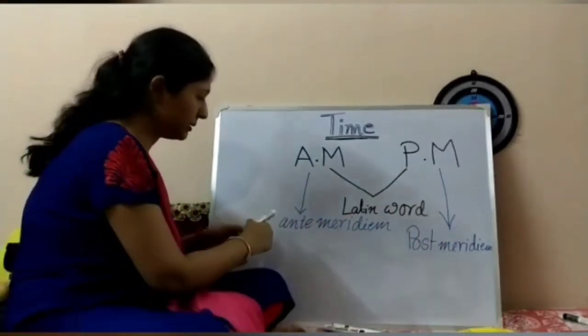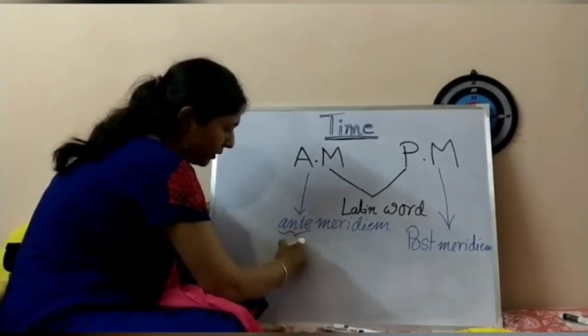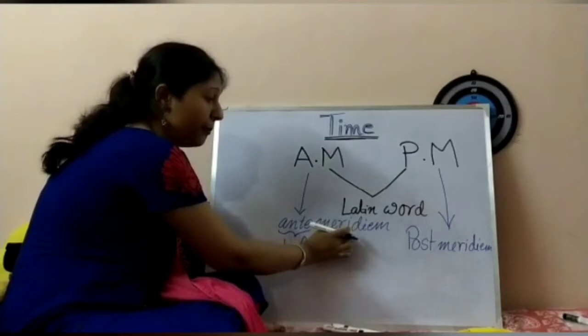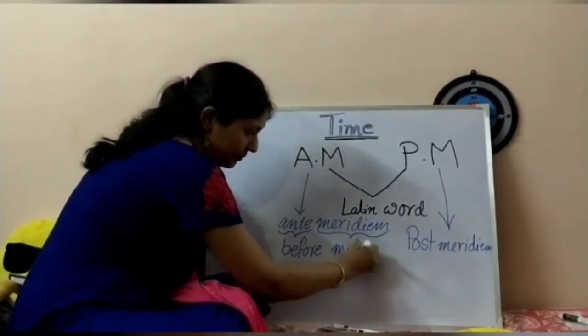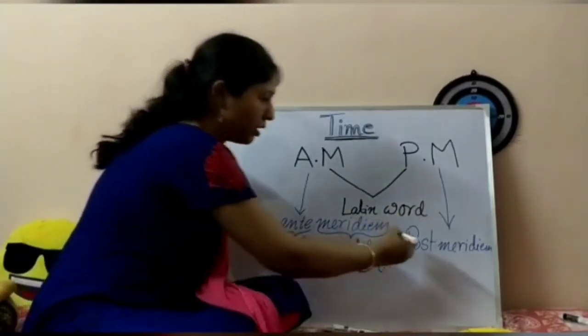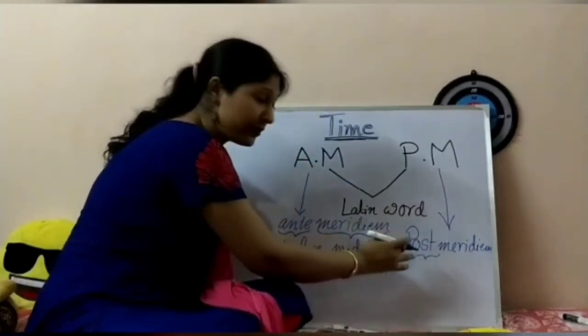Ante-meridiem means before. Meridiem means midday. Post means after midday.